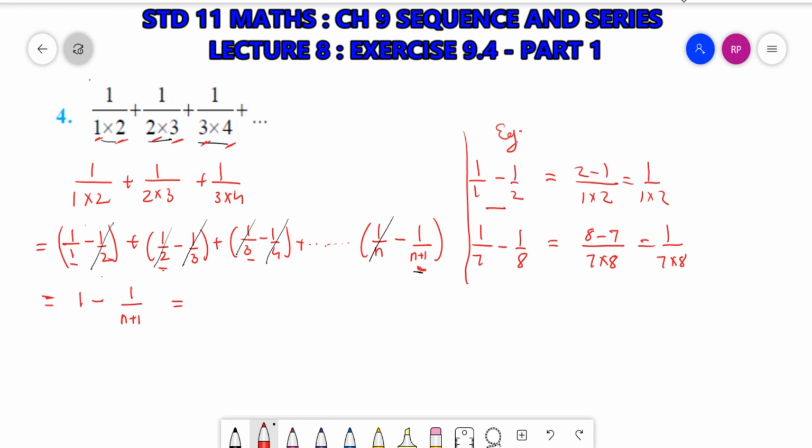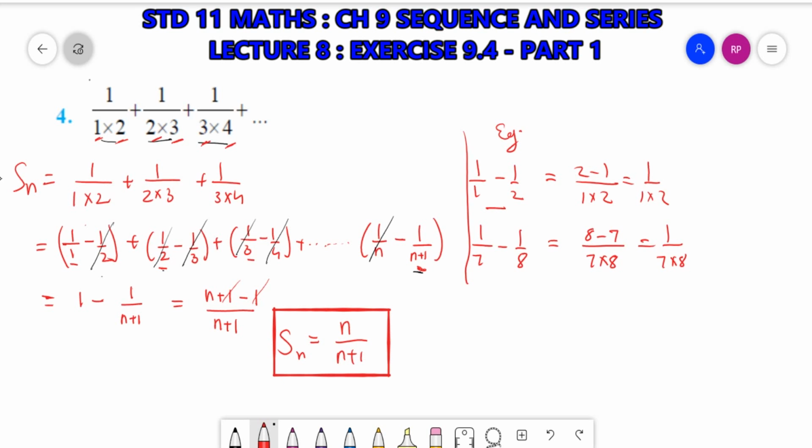So solving this, taking LCM, it will be n plus 1 minus 1 upon n plus 1. So here the sum of this series will be equal to, 1 will get cancelled, n upon n plus 1. Okay, so this was about question number 4. So just note it down.